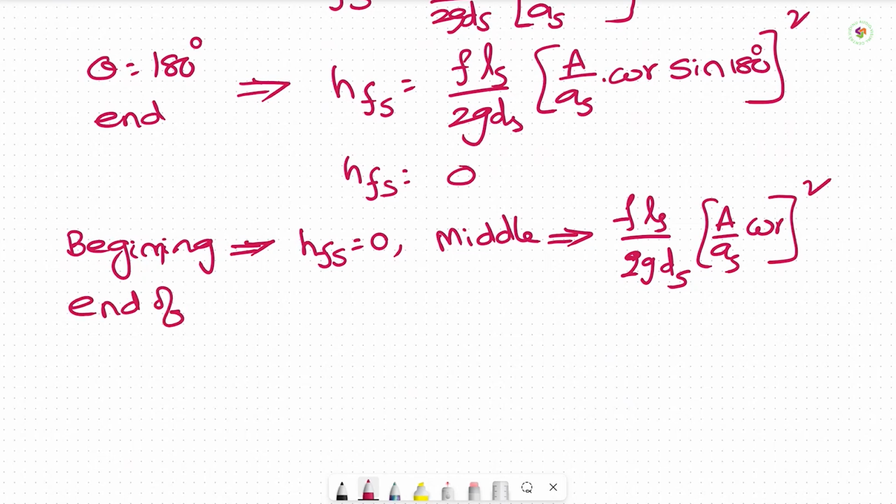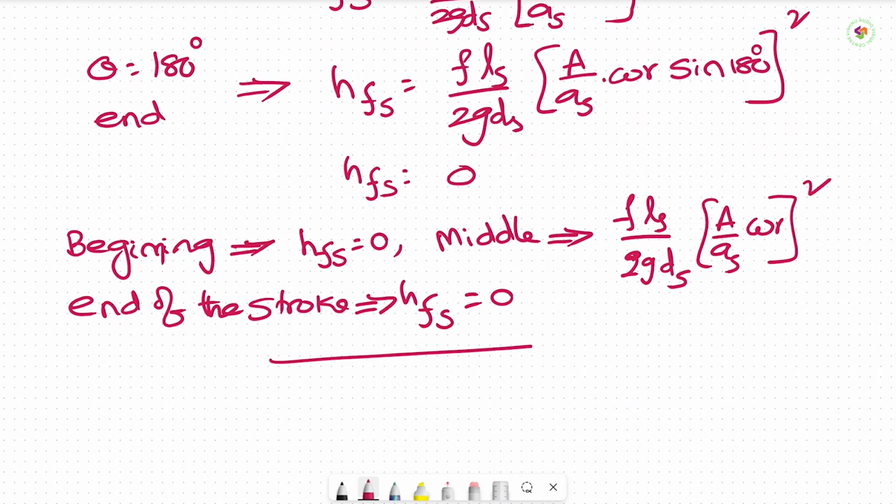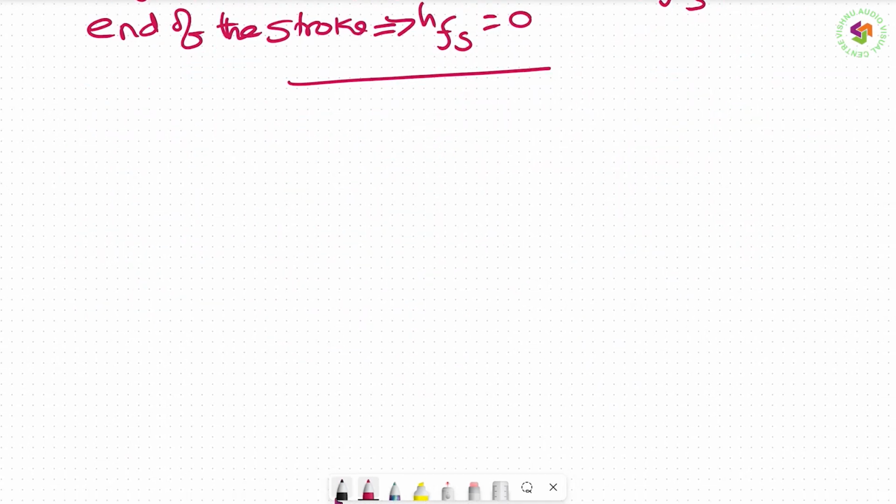At the end of the stroke, hfs is equal to 0. So this is the first thing. Let me go into the second thing.